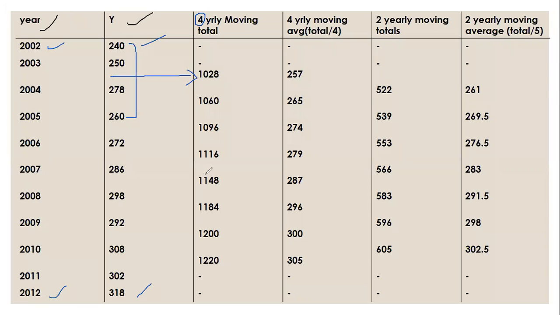That's all. So when you have an odd number, that is a 3 yearly moving average and a 5 yearly moving average, you can directly take these 3, and then you have the central value where you will write. Correct?